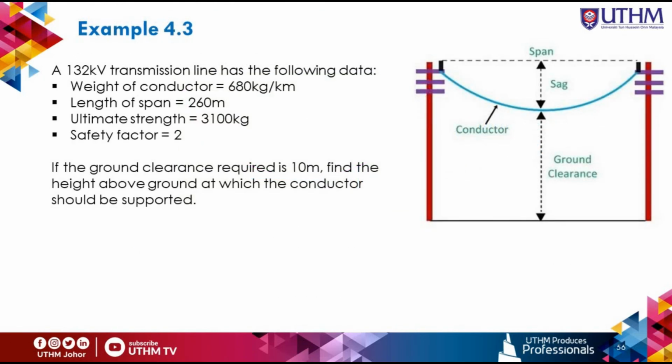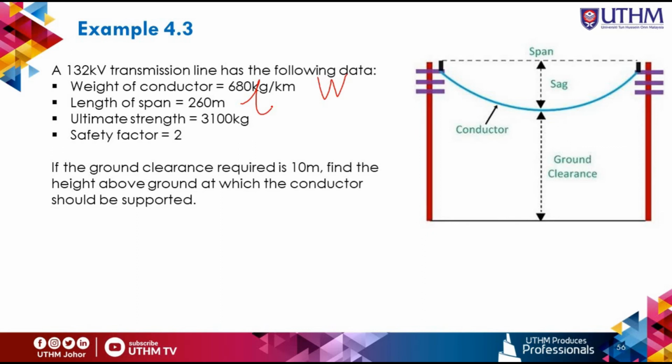We look at example 4.3. A 132 kV transmission line has the following data. The weight of the conductor is 680 kilograms per kilometer, so this is W. The length of the span is 260 meters, so this is L. The ultimate strength is 3,100 kilograms and the safety factor is 2.